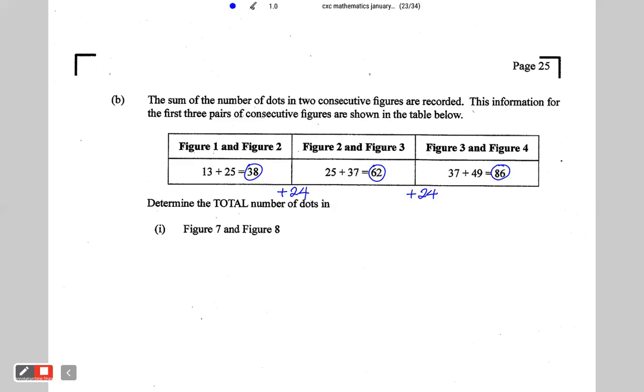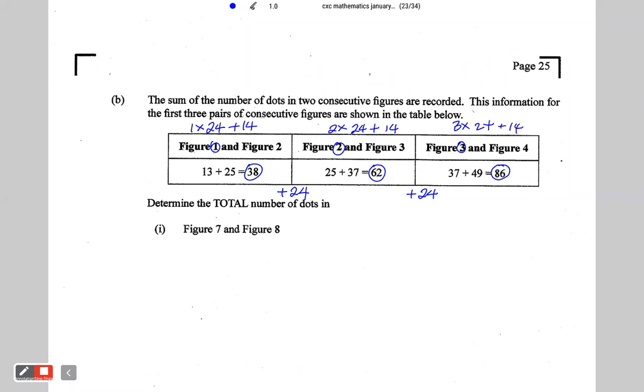So this is what I've noticed, that the 38 here is actually 1 times 24 plus 14. This would be 2 times 24 plus 14. And this would be 3 times 24 plus 14.